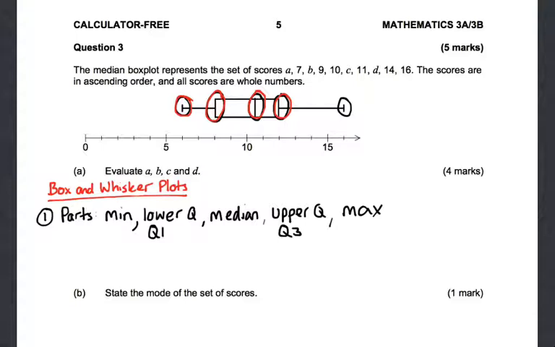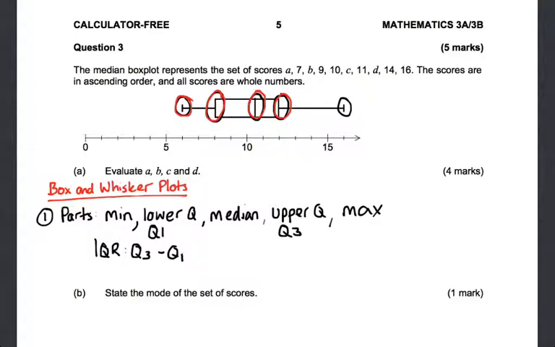Other types of things that a question might ask is find the interquartile range. Okay, so the interquartile range, IQR, is equal to the upper quartile, take away the lower quartile. So it's the Q3 value, take away Q1. And something quite basic, but a question might ask you what's the range of some numbers.